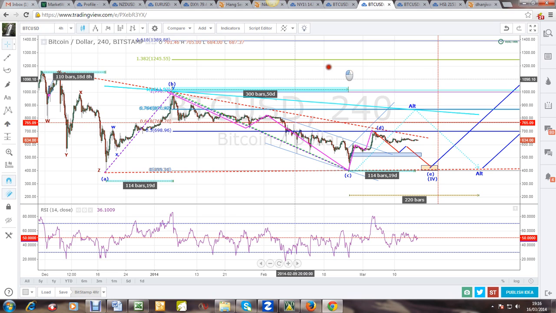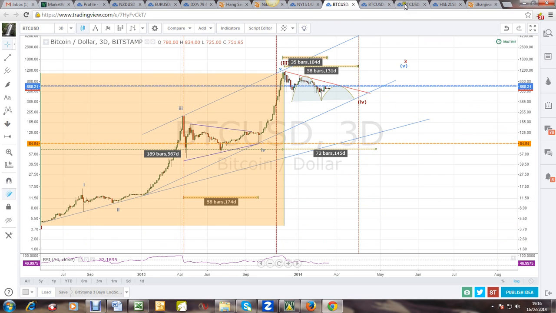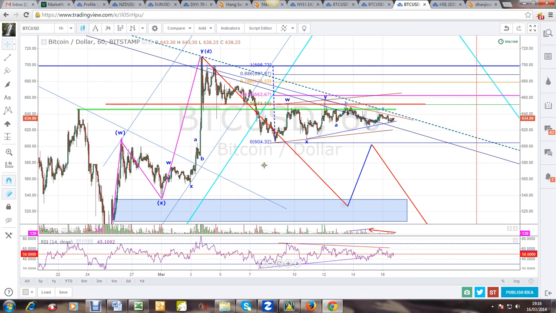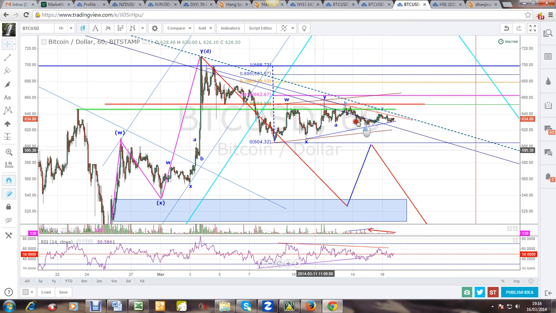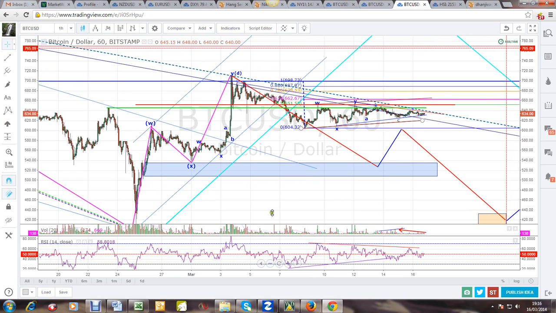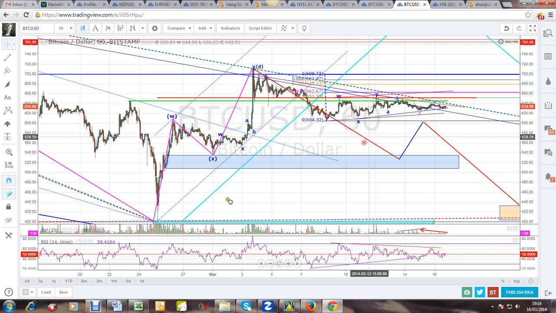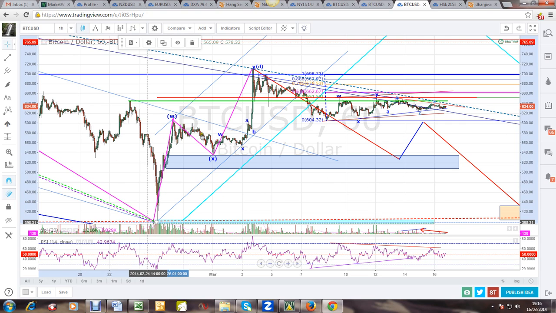And one final point is, many have said to me, let me go to a small one here. Many had said to me, why could this not be a new move? Once we conclude that this was the end of the correction, we expect a new uptrend, a new impulsive uptrend.